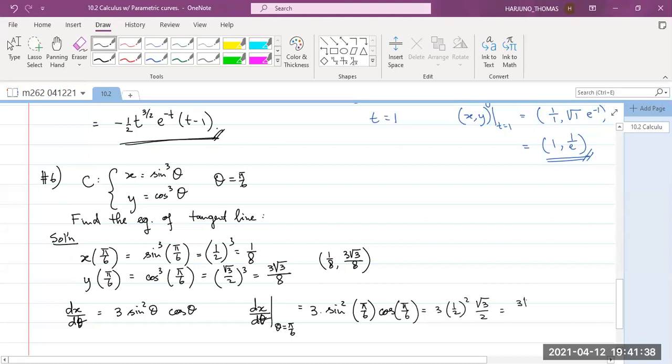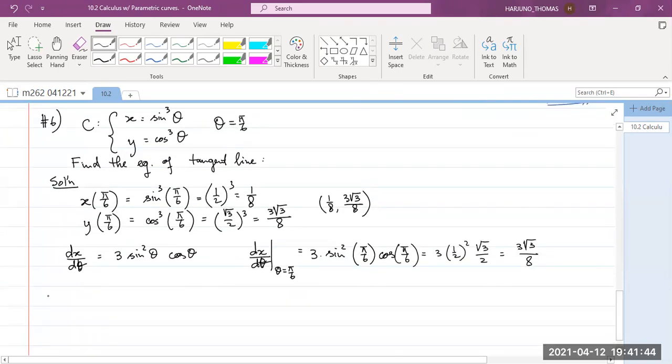That's 3 radical 3 over 8. dy/d theta equals 3 cosine squared theta times negative sine theta.